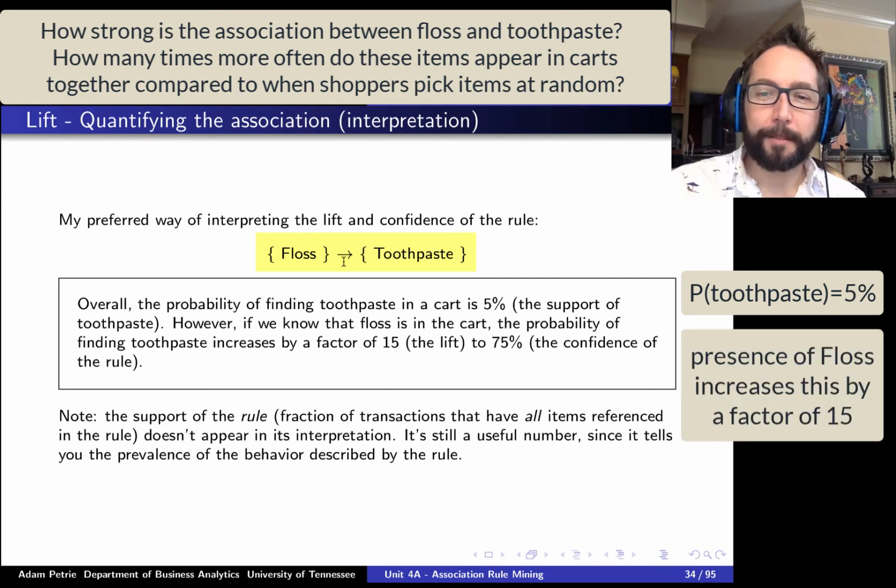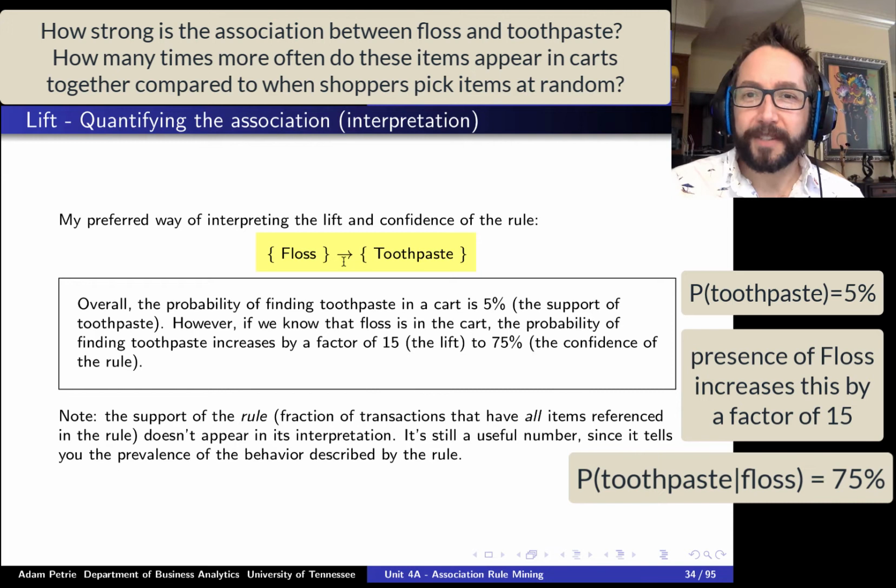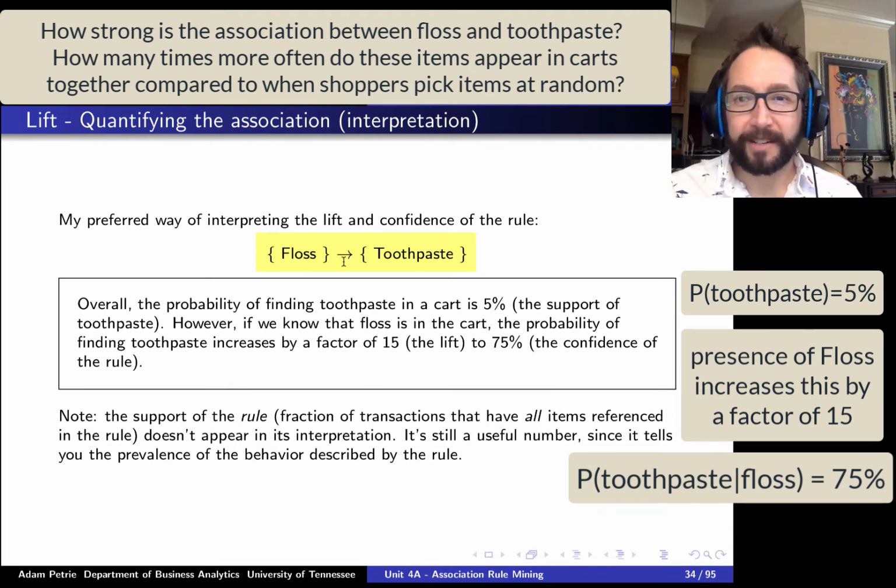Well, the prior probability starts out at 5%. The lift is 15. So the posterior probability, the confidence of that rule, is going to be 15 times the prior probability. 15 times 5% is 75%. That's by how much the probability of finding toothpaste in the cart has increased once we know that floss is inside that cart.